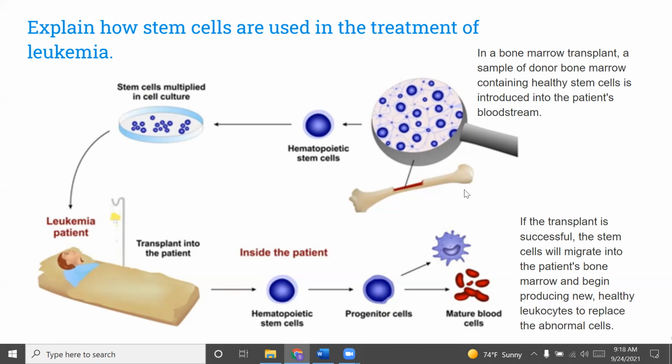If the transplant is successful, the stem cells will migrate into the patient's bone marrow and begin producing new healthy leukocytes to replace the abnormal cells. Kind of like a factory. If one piece of the factory is not functioning, you're going to take out that piece and put a new part in whatever machine, right?